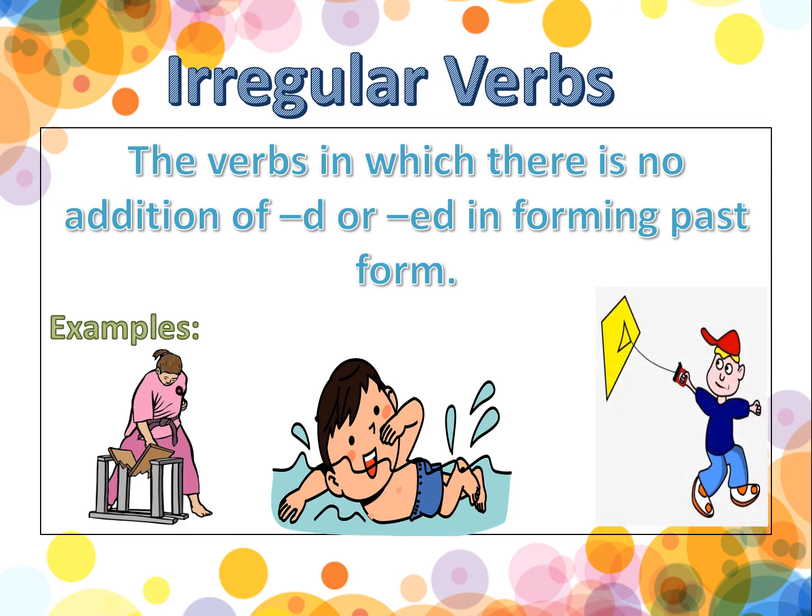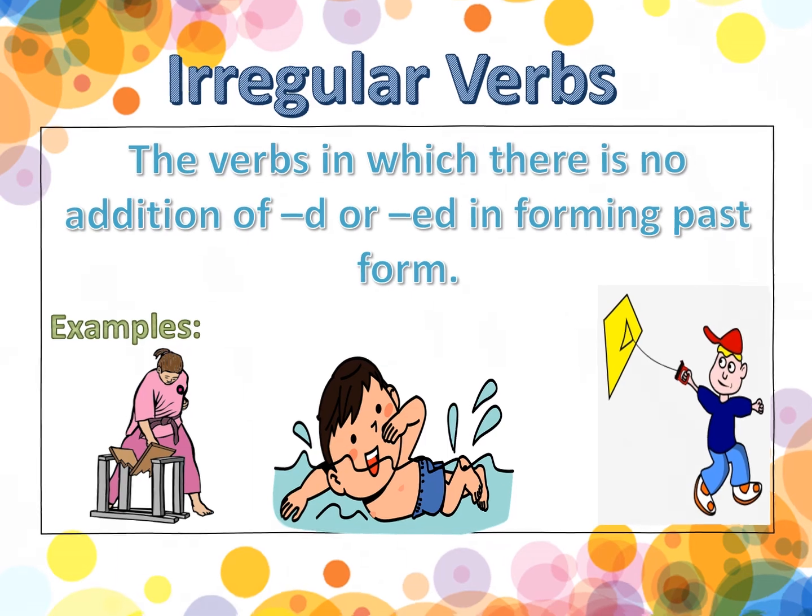Then fly would be changed into flew. The past form is flew. So you have seen that with irregular verbs we are not adding ed, like break, braked. It is break, broke, broken, swim, swam, swum. So you have seen this.